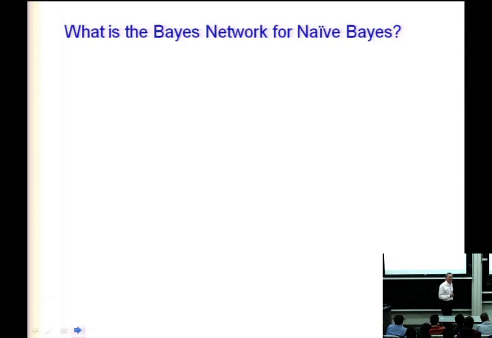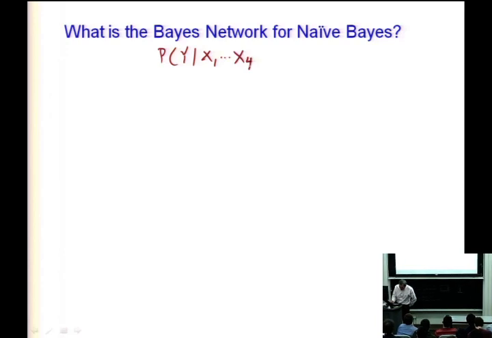Another simple question to test your understanding. What's the graphical model, the Bayes net, the directed graph, for naive Bayes? Suppose I'm training a naive Bayes classifier to predict P of y given x1 up to x4. So I have 5 random variables here.